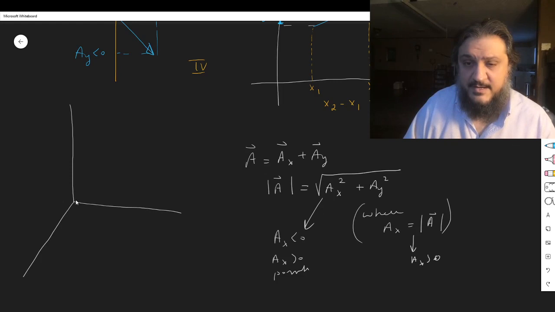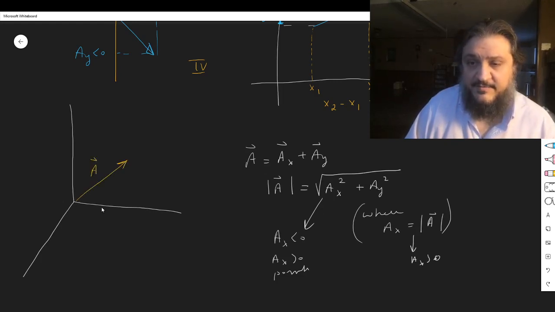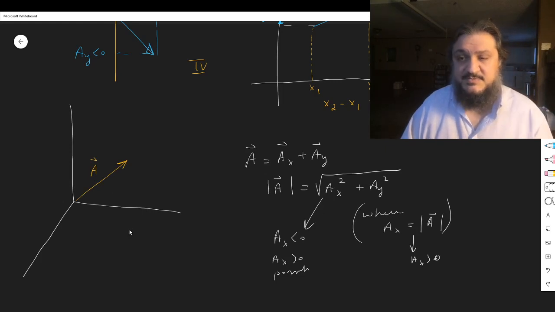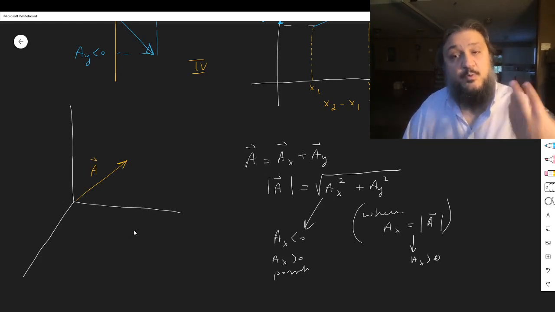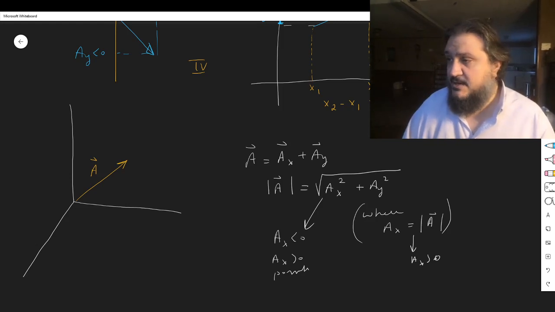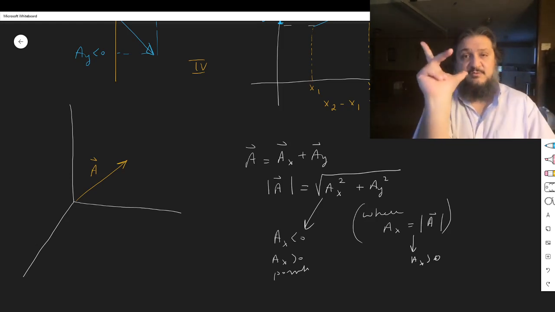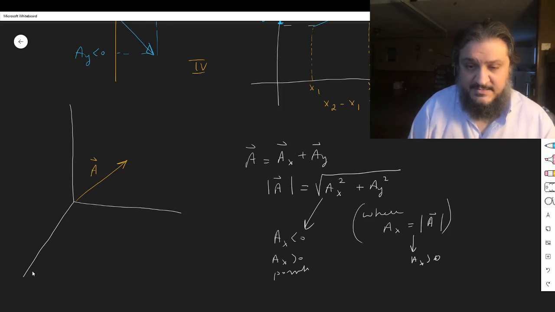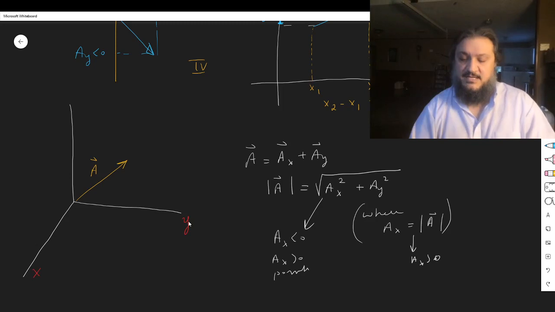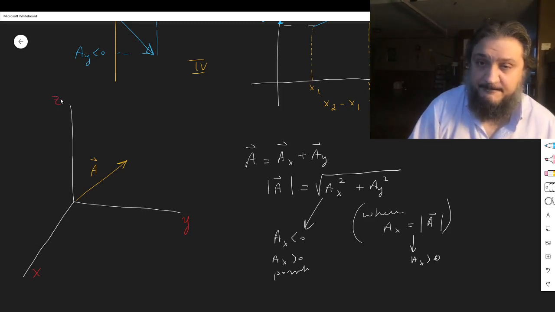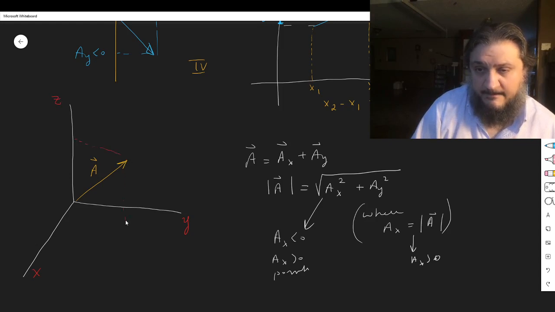So let's just draw an arrow here. This is our 3D vector. So what will be the corresponding ax, ay, and now we have az. Let's pick our x, y, z using the right-hand rule, remember? So if this is your x, this is your y, then this will be your z. These are the projections and rectangles that you encounter when doing that.